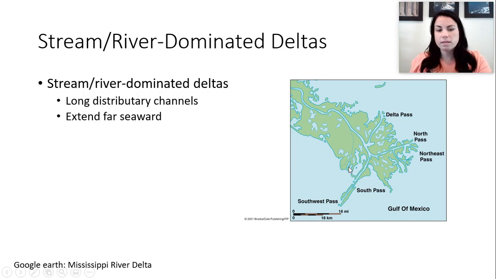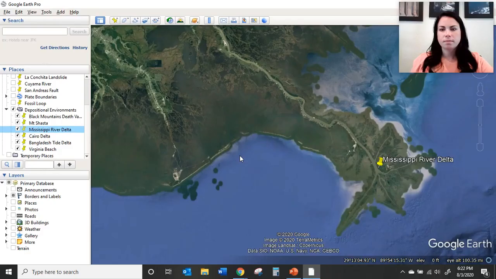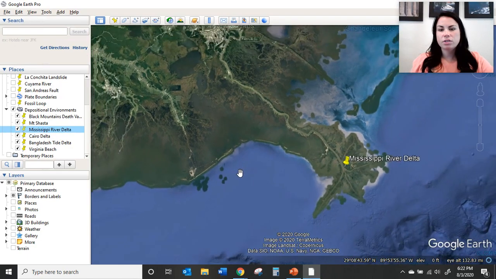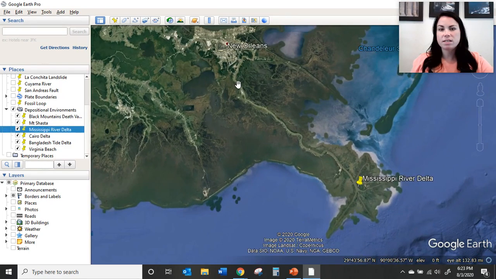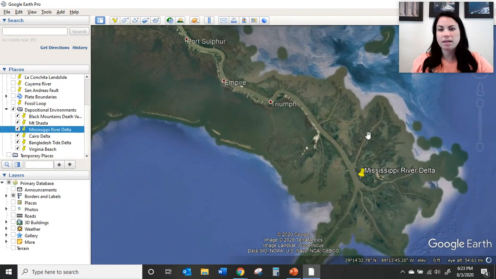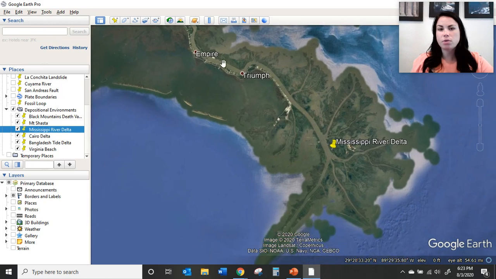So let's go look at it in Google Earth. Okay, so now I'm looking at the Mississippi River Delta, and this is part of the Gulf of Mexico here. So we can see how this delta has created this separate landmass, and you see all these little channels that come off of it. So all of this sediment that's flowing down from this river created all these channels and is depositing right here in this delta.